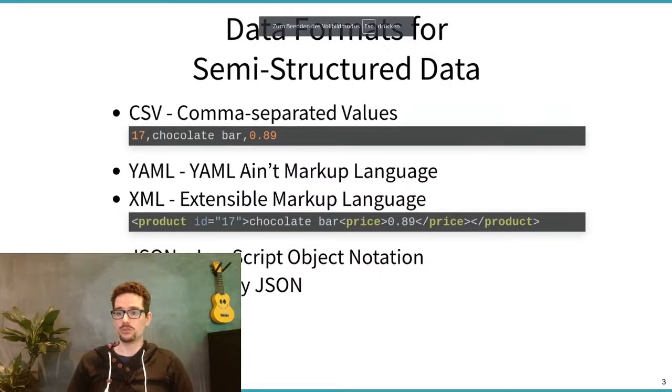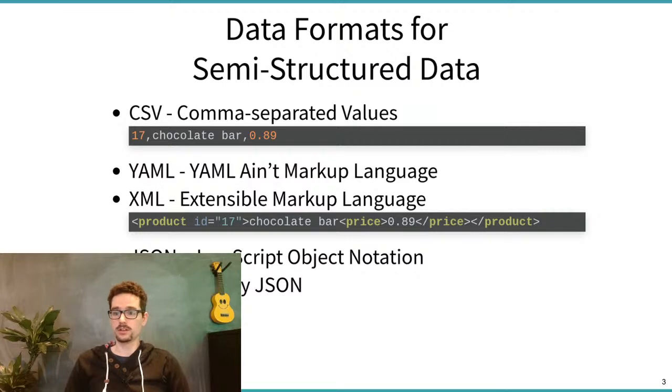XML is used, for example, for Office formats. When you store Microsoft Office files, they are internally stored as XML files. When you understand XML, you understand working with HTML for websites better.